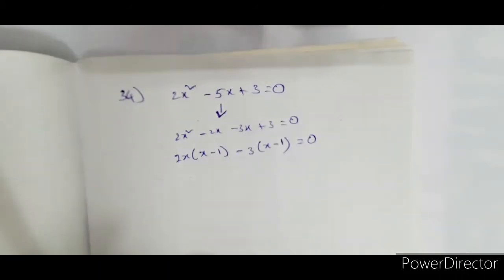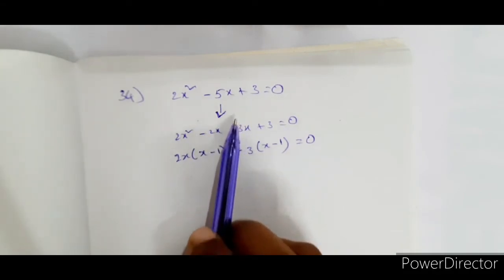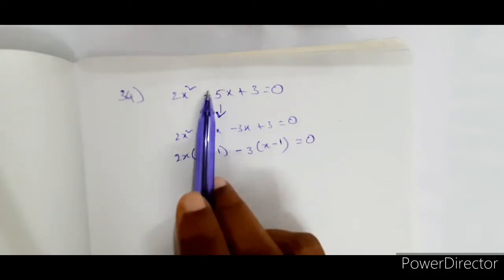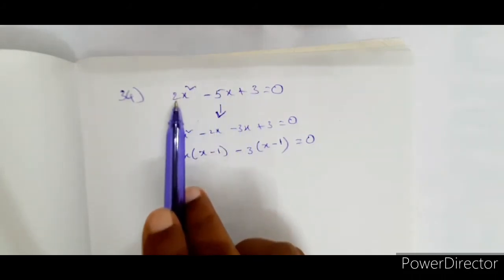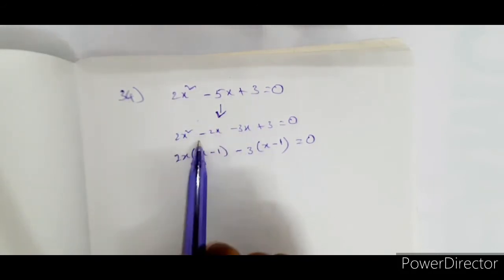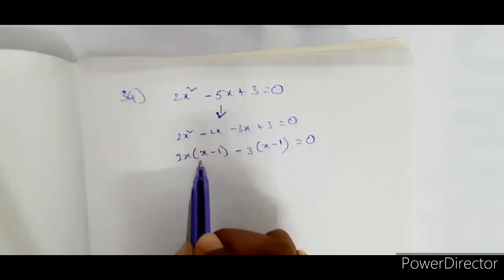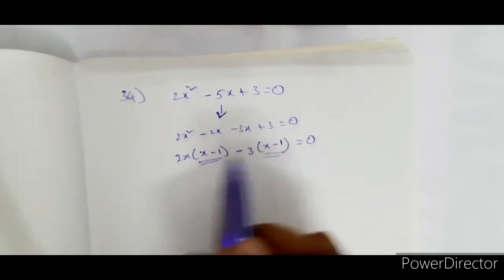Now see, while doing middle term splitting, you have to see that this should be expressed as the factors of the product of these two, that is 2 and 3, right? And here you have to see that always whatever you are getting common, that should be the same.